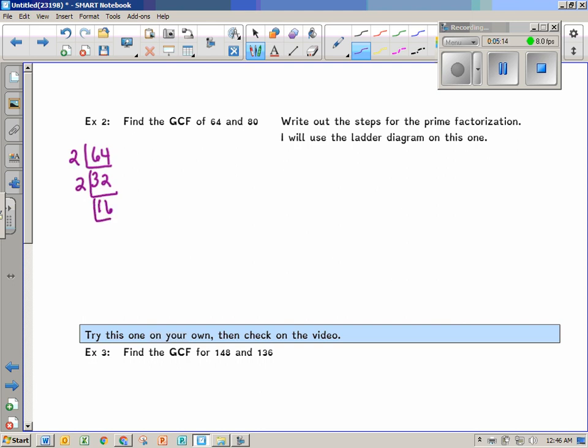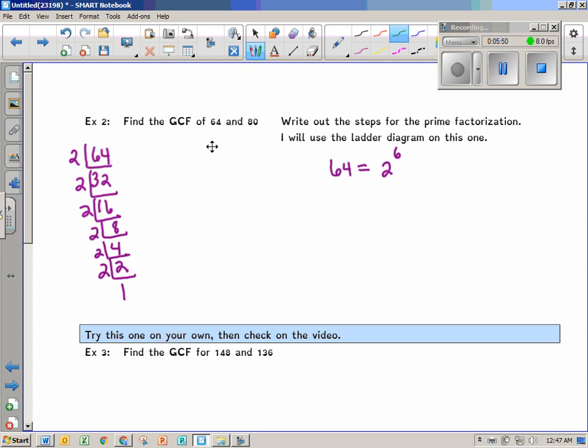And it looks like I'll just keep dividing by 2. Another 2. And another 2. And remember, you have to keep going until you get 1 at the very bottom. So we've got 6 2's right there. So I'm just going to come over to the side and write 64 equals 2 to the 6th.